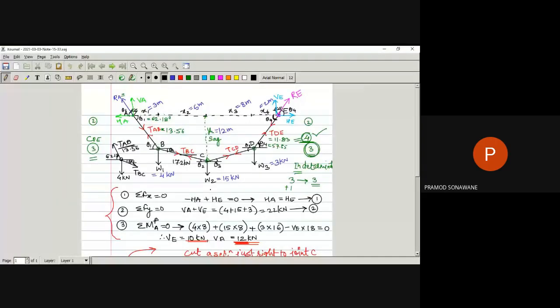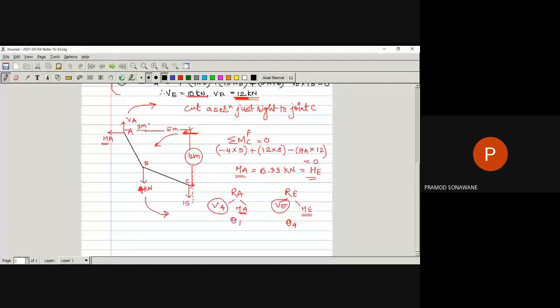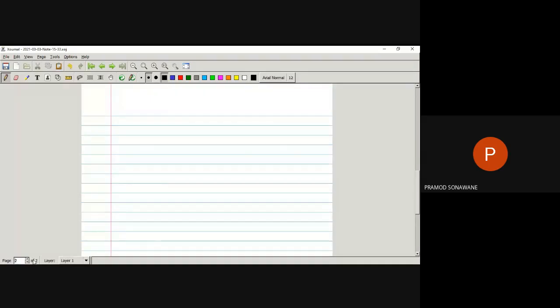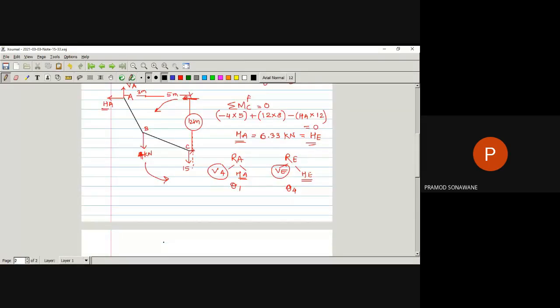So have you solved this remaining part? Just let me know the values and then we will start with our next topic. What value are you getting?